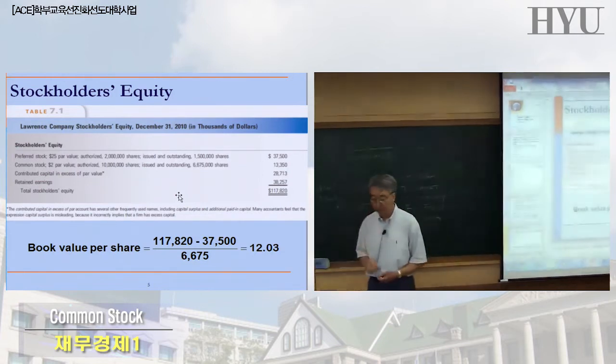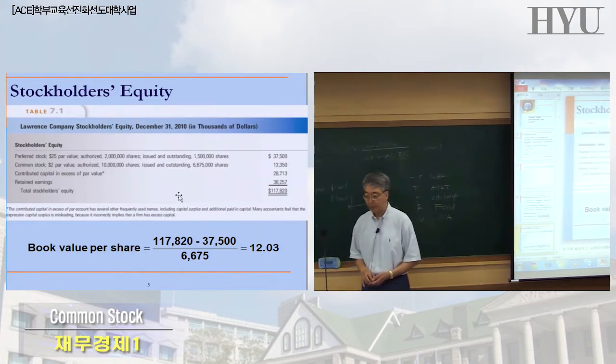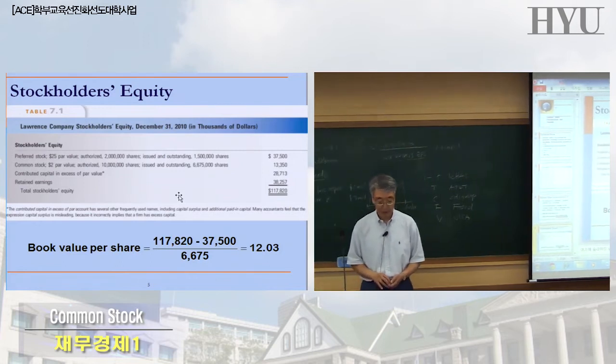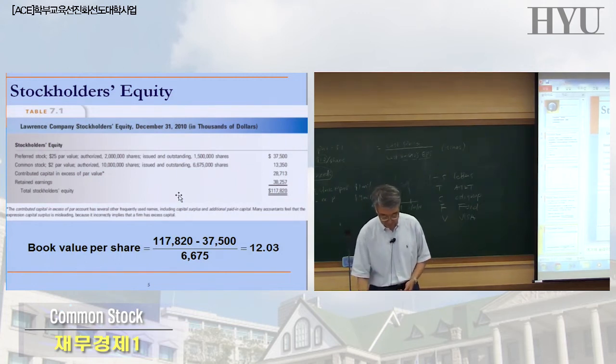Any idea what happened to the rest? The company owns it. Maybe they repurchased the stock. Once they repurchase the stock, it's called treasury stock. I think we talked about it in one of the previous classes.